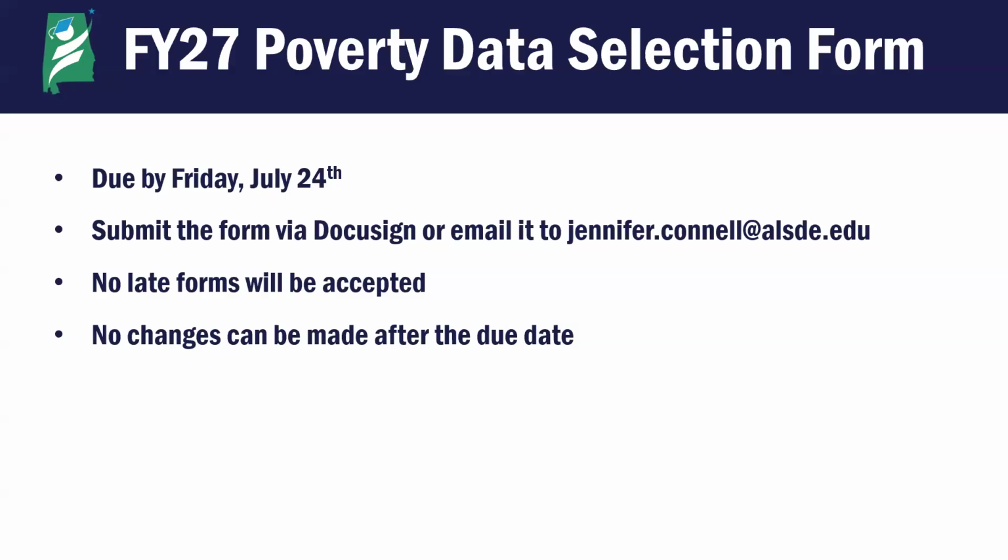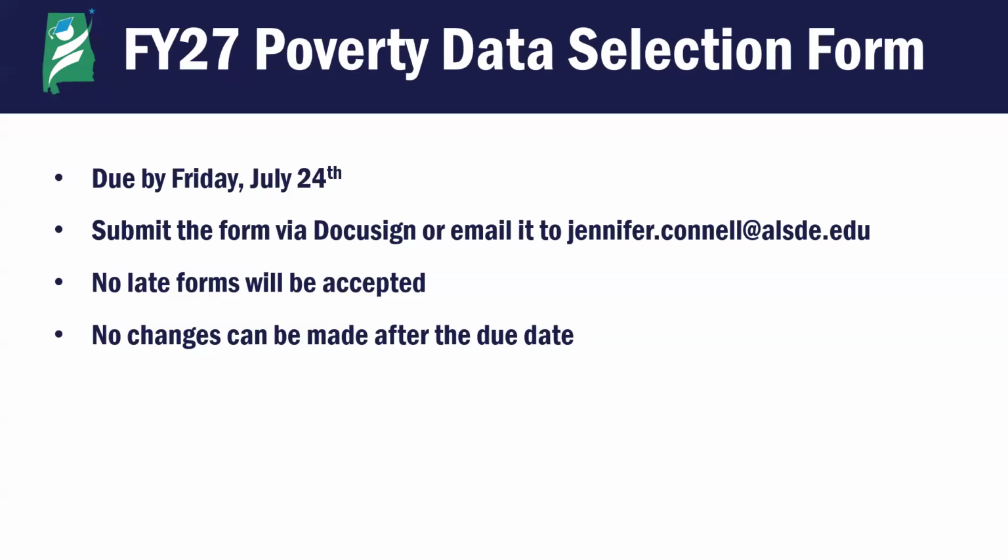Okay, so let's review for this year. The form is going to be due by July the 24th. That's on a Friday. Again, you can submit that form via DocuSign or email it to me. It's very important that you understand that we cannot accept any late forms and no changes can be made after the due date. Changing your poverty data impacts your ranking and serving.